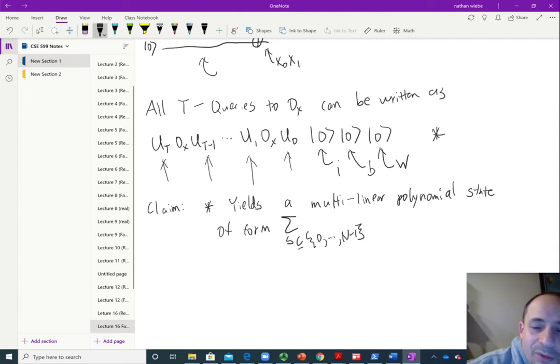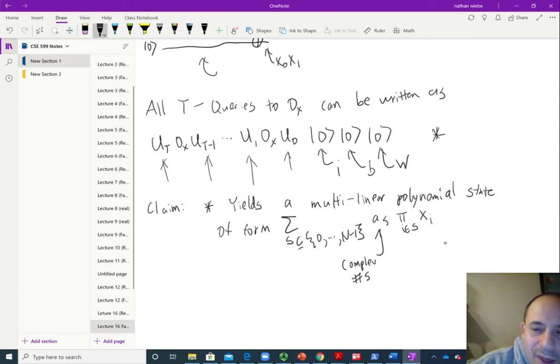So this is a subset of all of these elements over here, with some complex numbers a_S times the product of the bits in this set.